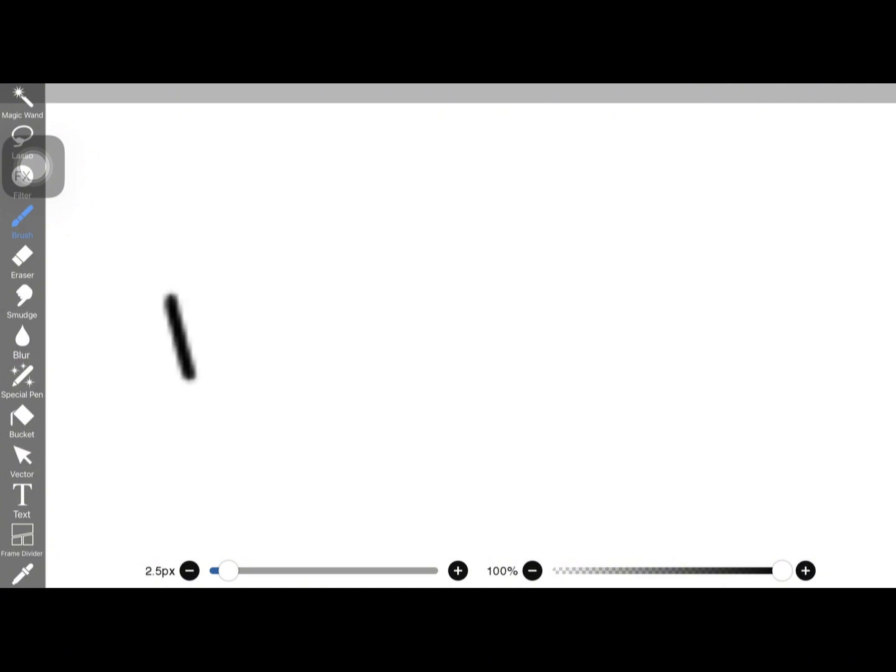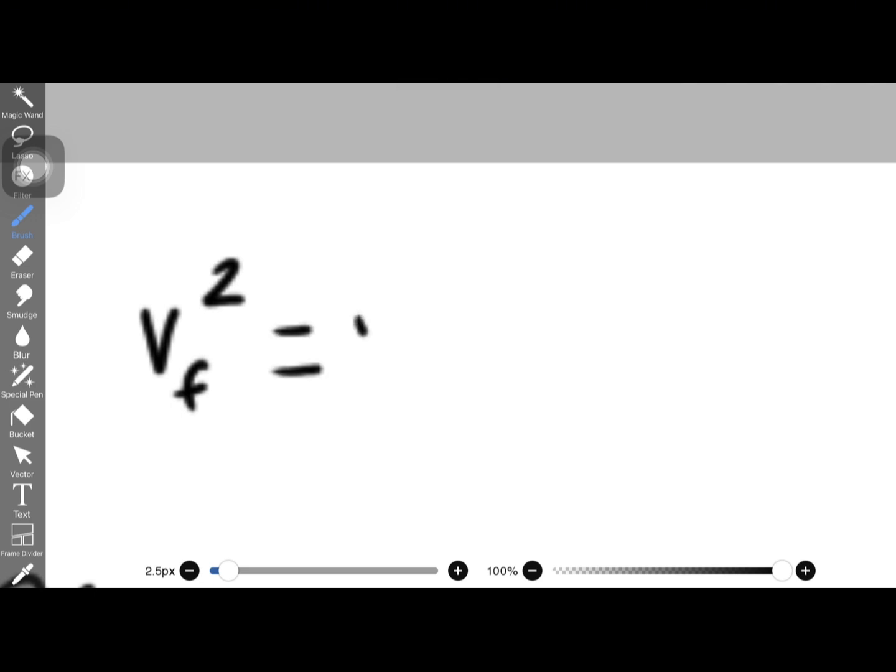Now, do you guys remember the third kinematic equation of motion, which is v_f squared is equal to v_o squared plus 2ad?